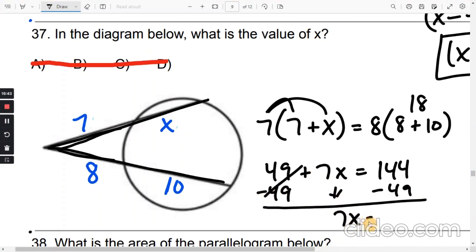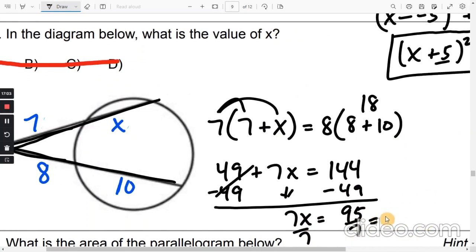Bring down the 7x, and this is going to be 95. All right, this is x times 7. The opposite of times 7 is divided by 7, and 95 divided by 7 is 13.6, rounded off.